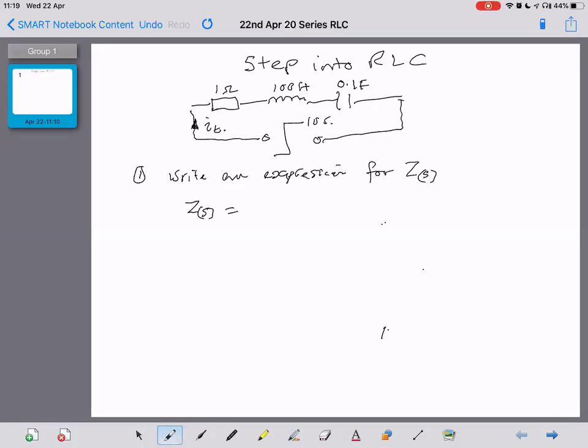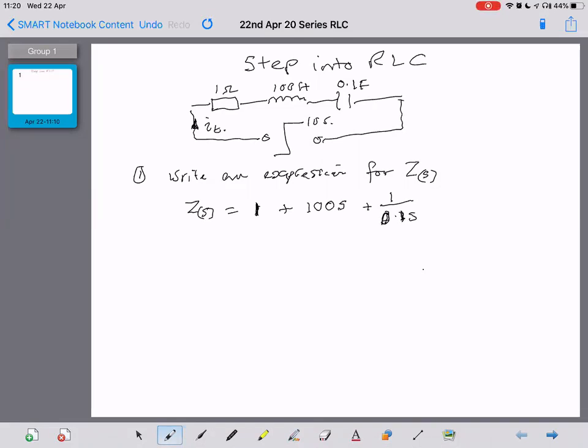When we transfer a resistance into S space, if you've got your table, we just end up with the number. So it's however many ohms it is, we drop the ohms, we just have 1. And then they're in series, so it's plus. We do an inductor, it's L times S, so it's going to be 100S, plus, and then the capacitor is 1 over CS, so it's 1 over 0.1S. Remember that?